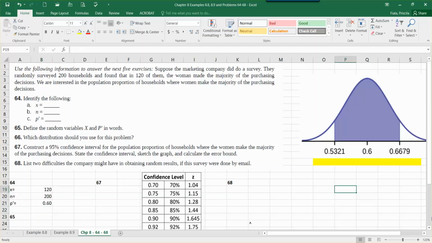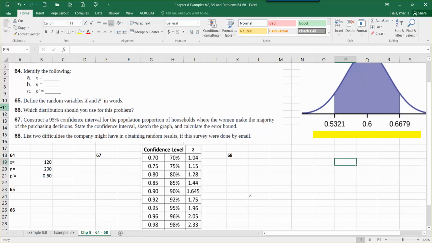And if you do not understand, here it says to define the variables that you found, the x and the p hat, in words.